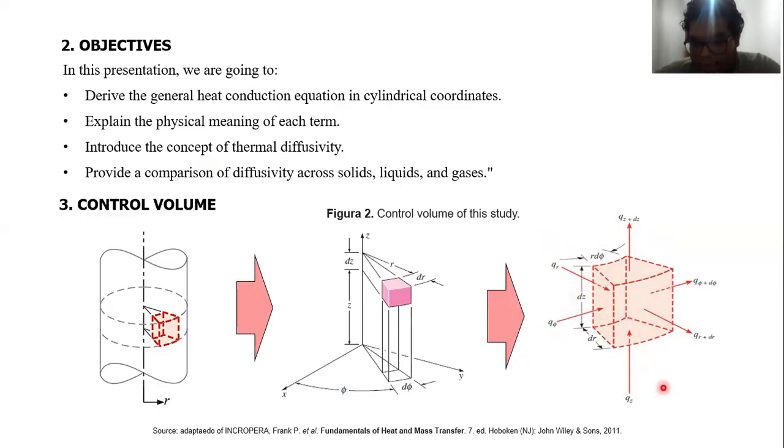We have Q_z, the heat which enters at the z face, and we have Q_theta, which is the heat which enters at the theta face. We're going to use these three figures to understand how we can deduce the conduction equation in cylindrical coordinates. Okay, let's continue.